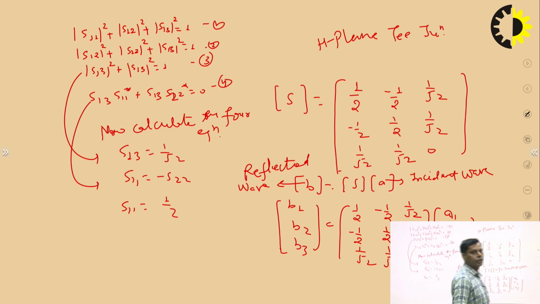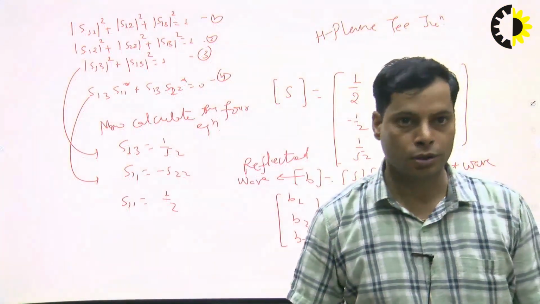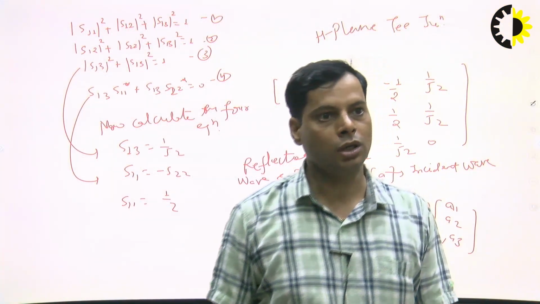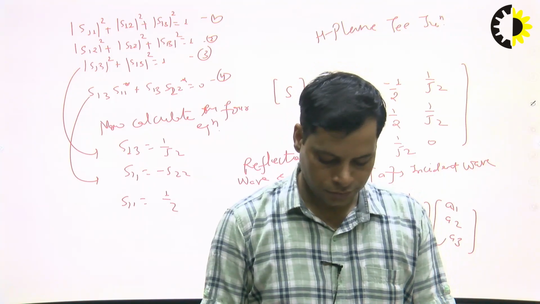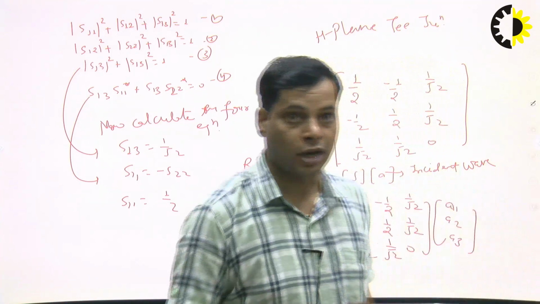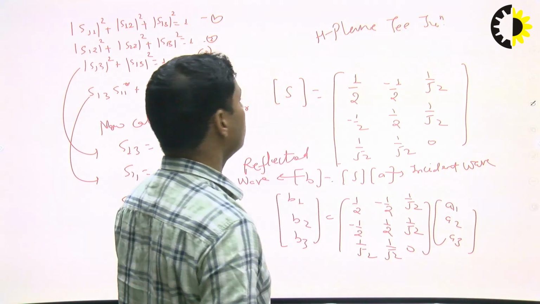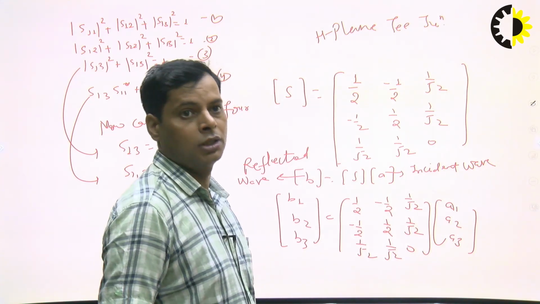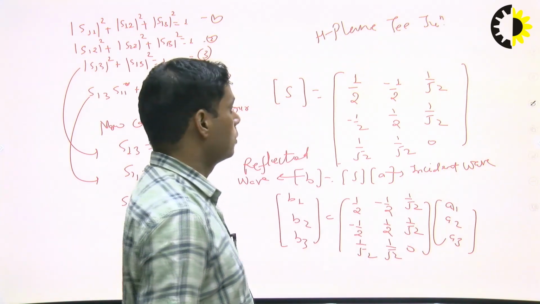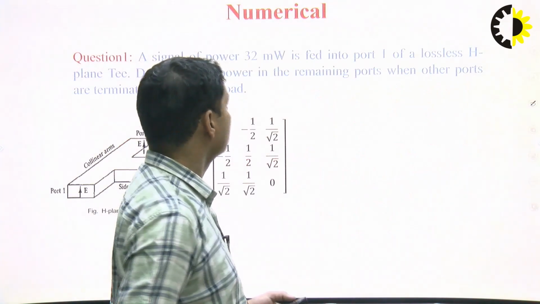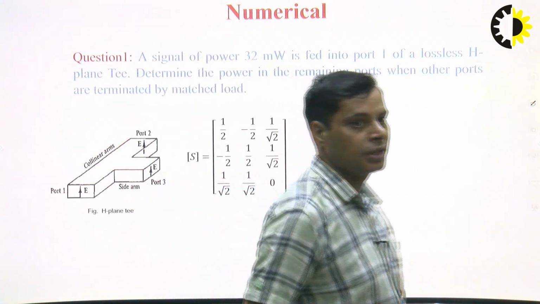In this way we can calculate the output reflected wave with reference to the input incident wave. So this is the calculation for the H plane T junction with the help of this S matrix. Some numerical problems can be asked in the exam.